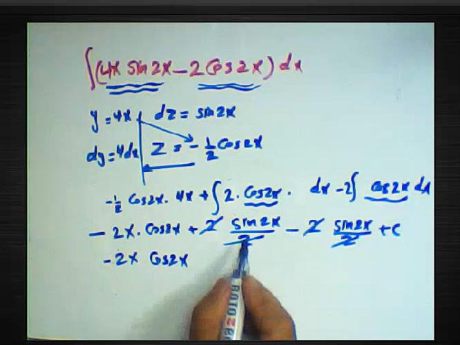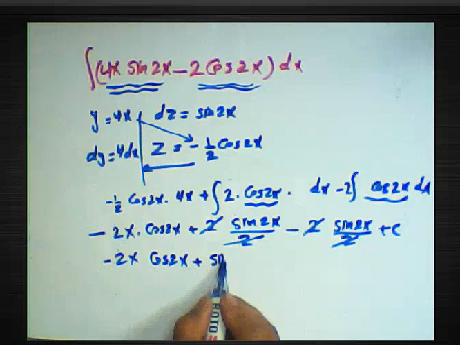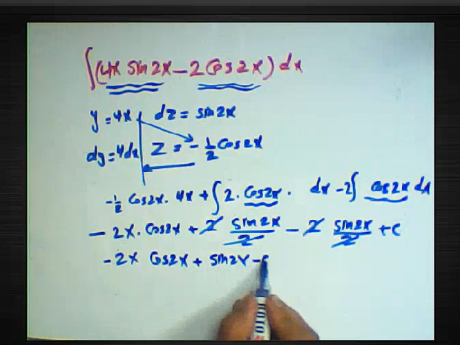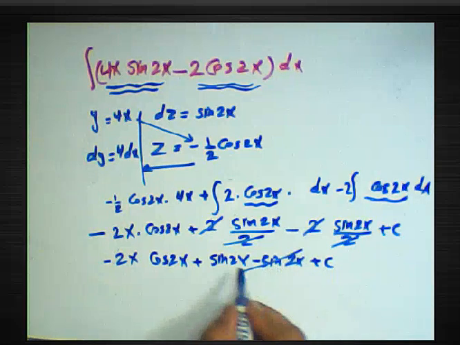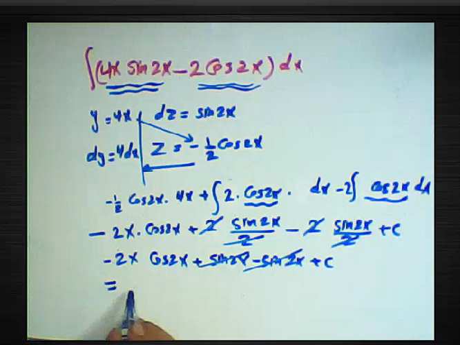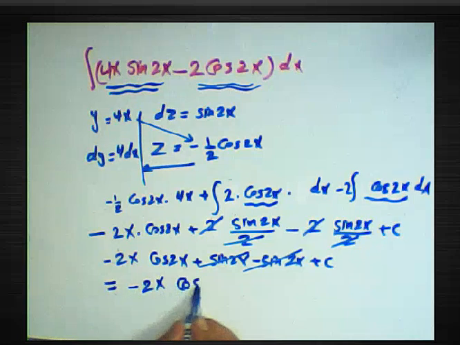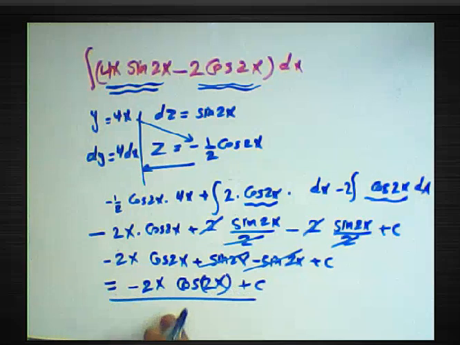Okay, and right here plus sine 2x, negative sine 2x plus constant, and then we can cancel the 2 functions here, so the result will be negative 2x cosine 2x plus constant. Understood?